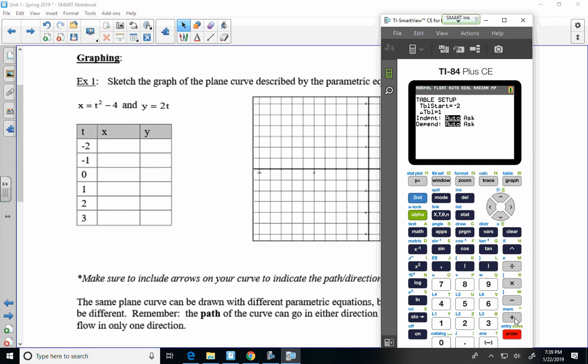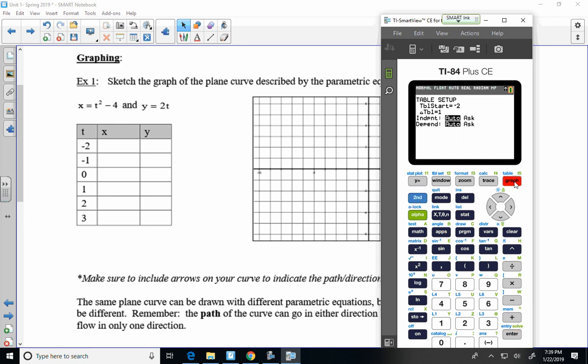In that period of time, I have not come up with any reason why this should be set on anything other than auto. The people who say you should set it on ask, that's a better way to have it set up, they're only saying that because they don't know how to use the features that are pre-installed in the calculator appropriately. That is really the only reason they're doing that. In this course, you'll learn the appropriate features and you'll never have to change it.